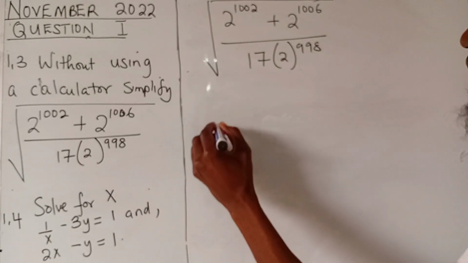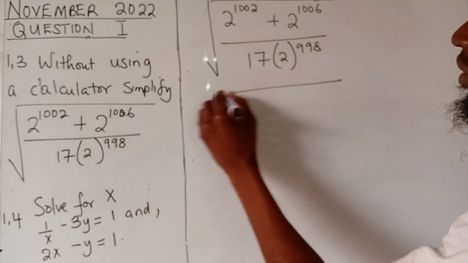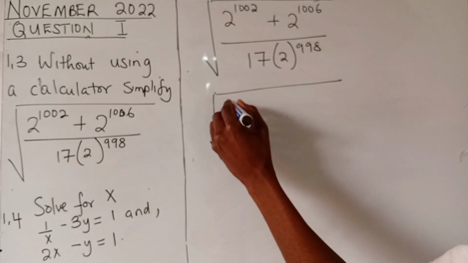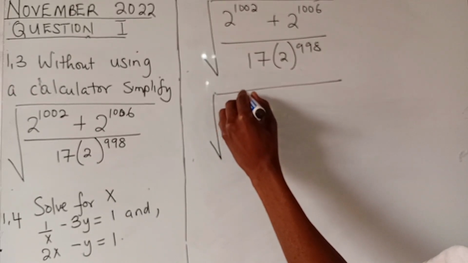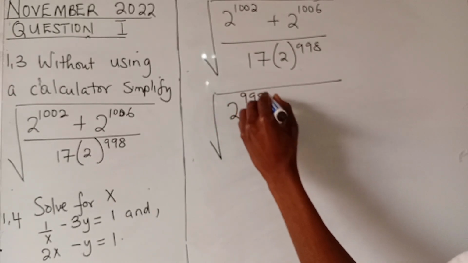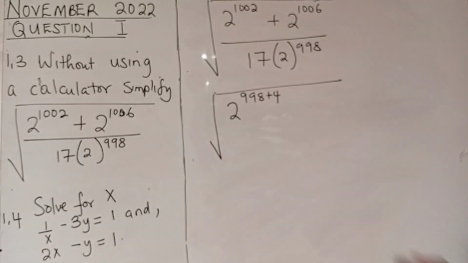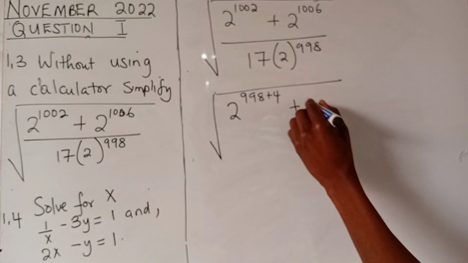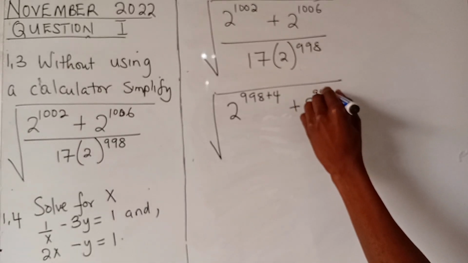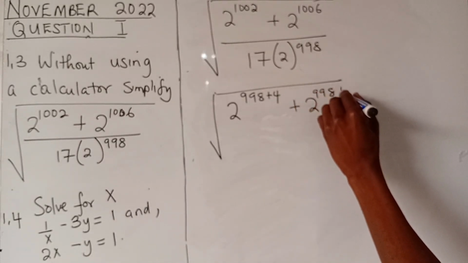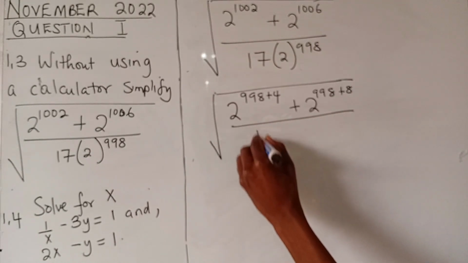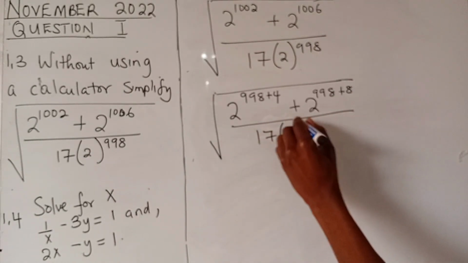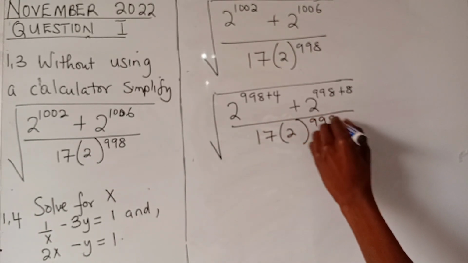So how do I express them in terms of the lowest exponent I have here? I'm going to have to say this is the same as saying 2 to the power 998 plus 4, plus 2 to the power 998 plus 8, all over 17 bracket 2 to the power 998.